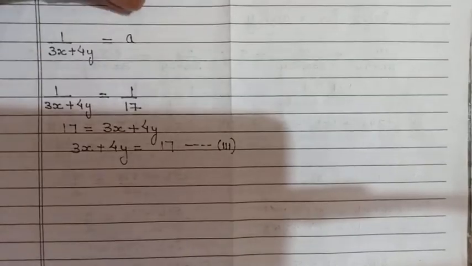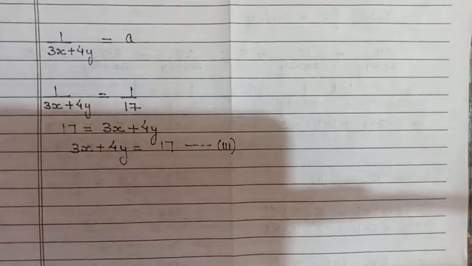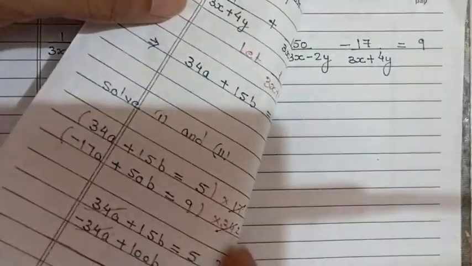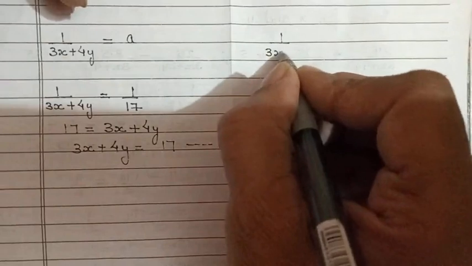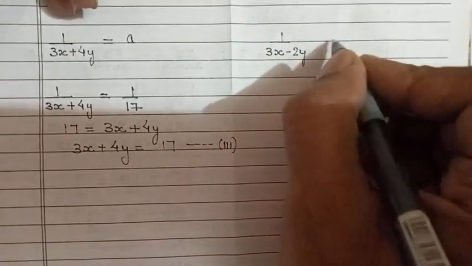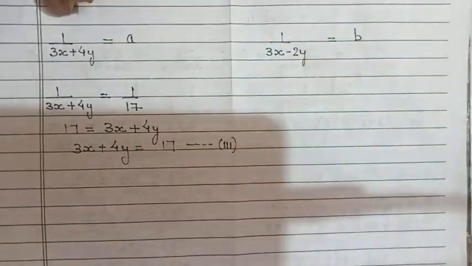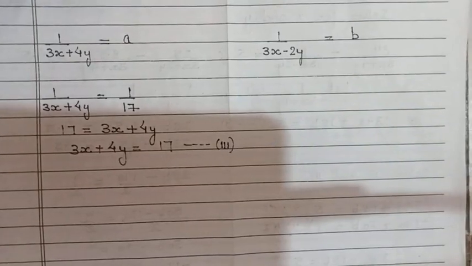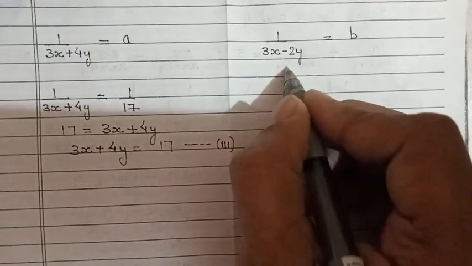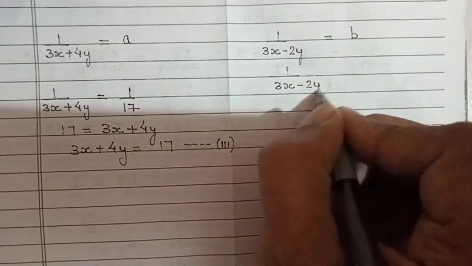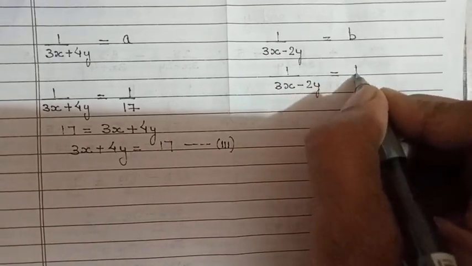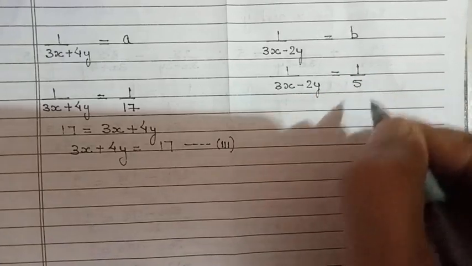Now our second substitution. Let's see what it was. Our second substitution was 1 upon 3x minus 2y is equal to b. Substituting the value of b, 1 upon 3x minus 2y is equal to 1 upon 5.